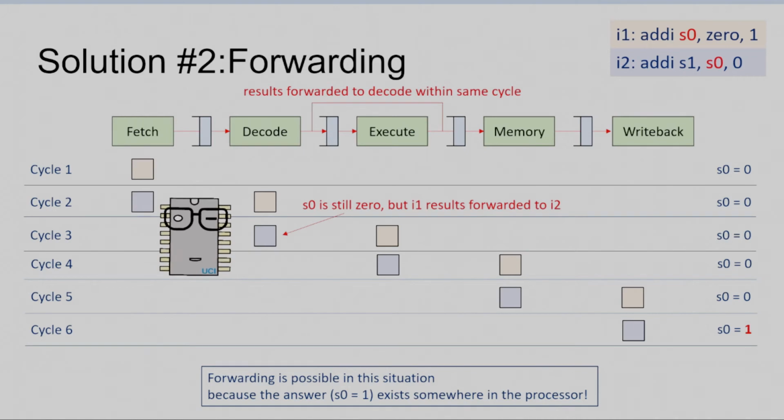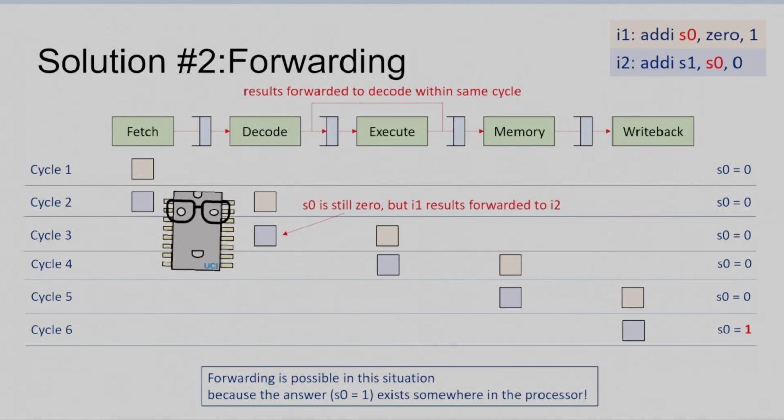And like we talked about a couple of slides ago, if say the execute stage required 2 cycles, and at cycle 3 the answer to what S0 should be is still being calculated, then we still have to stall, because the answer that instruction 2 needs is not yet available anywhere in the processor at cycle 3.